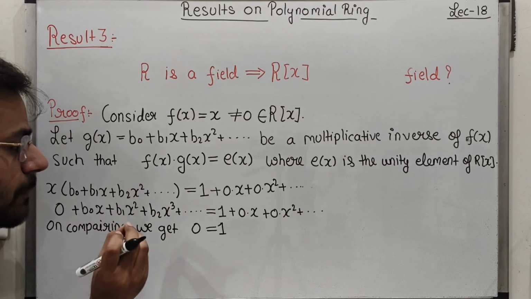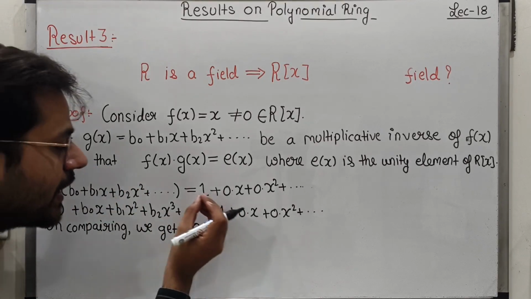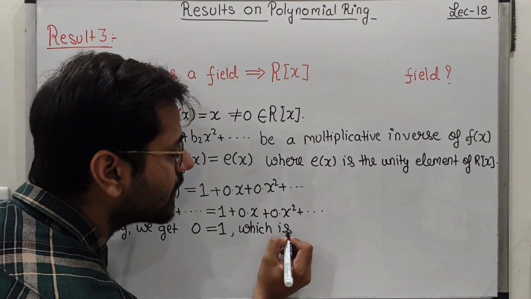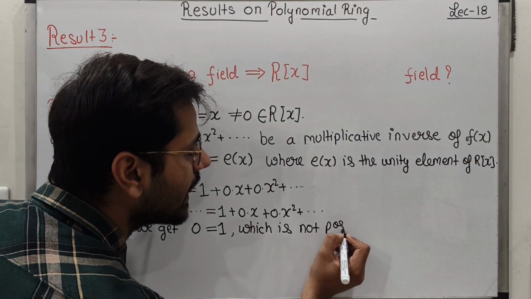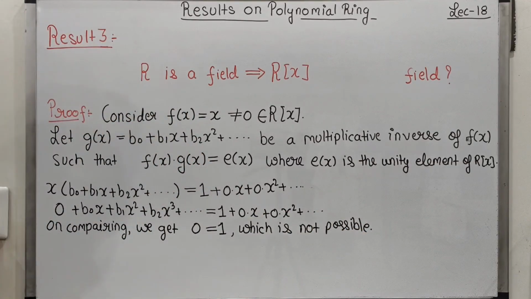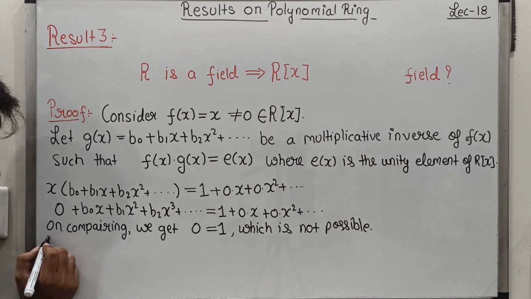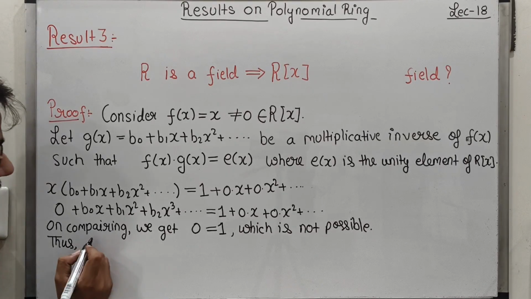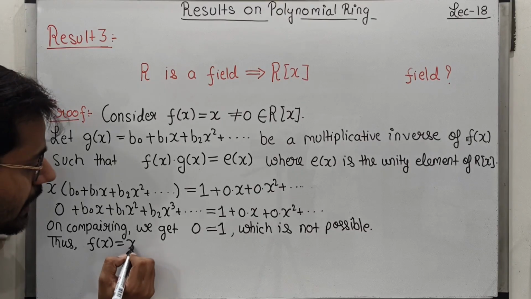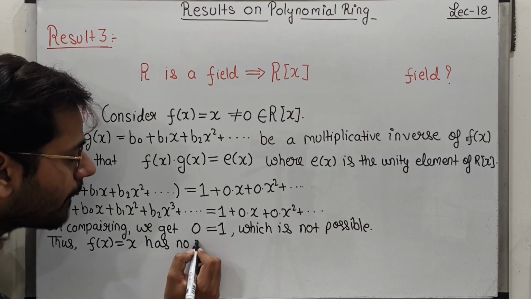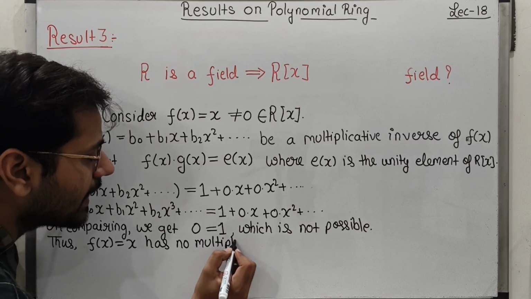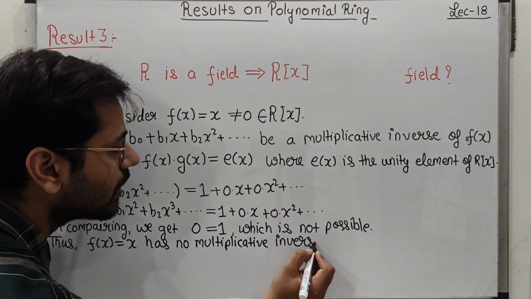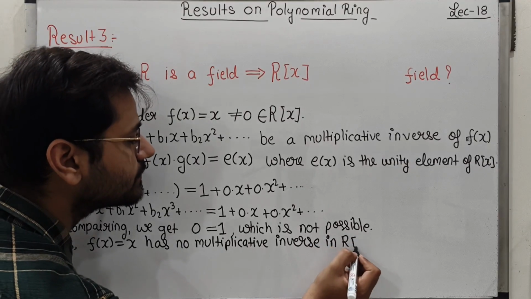This is not going to be possible in any scenario. This will never occur. As a result, we can say that f(x) equal to x has no multiplicative inverse in R[x].